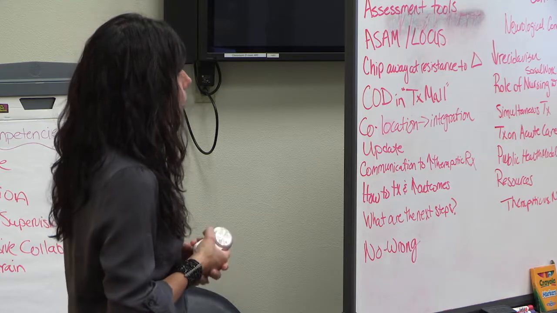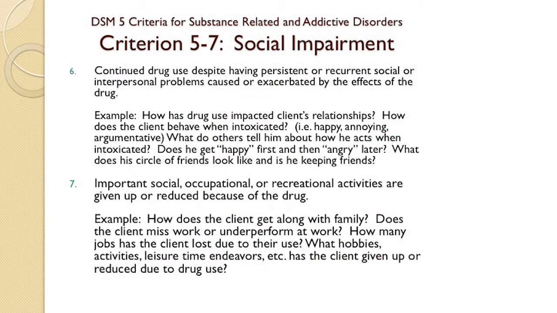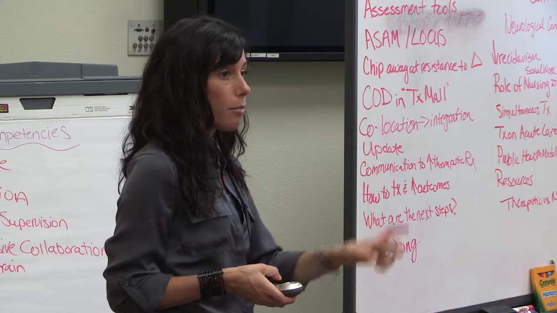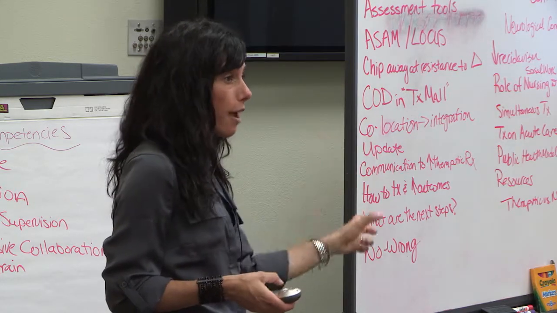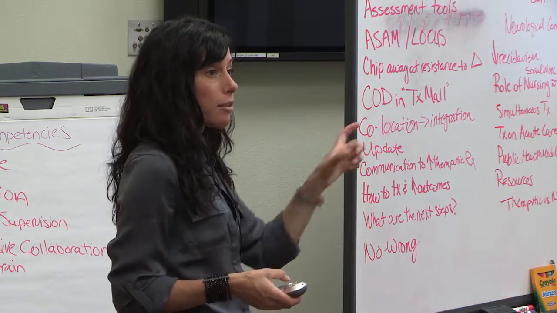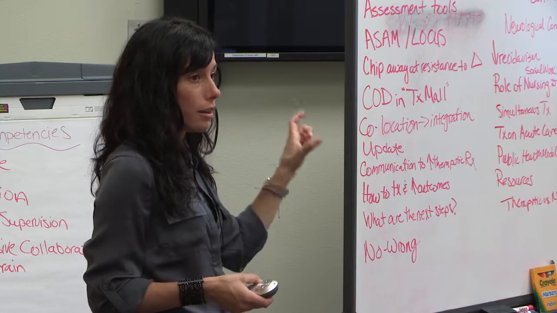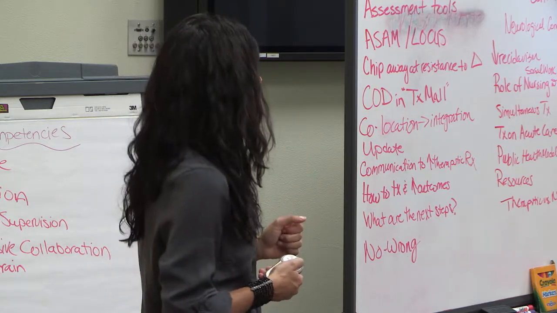Continued use despite having persistent or recurrent social or interpersonal problems caused or exacerbated by the effects of the drug. And this can get to a number of different things, not just having disrupted relationships, but where relationships previously had been very functional and very satisfying for them are no longer because either a friend, a parent, a partner is really having conflict with the individual in their use.